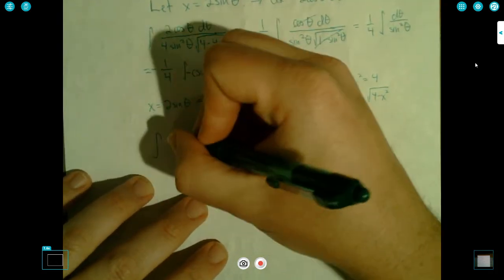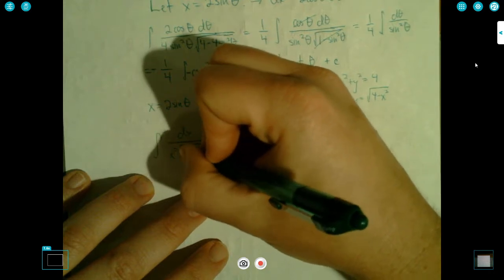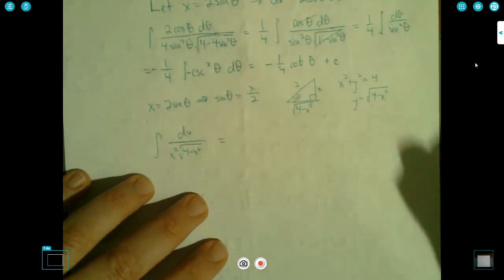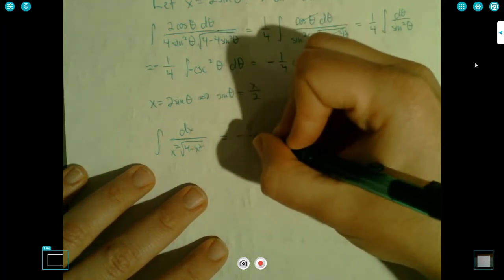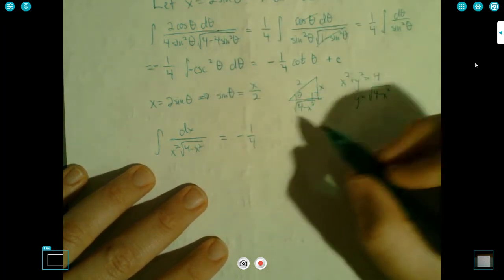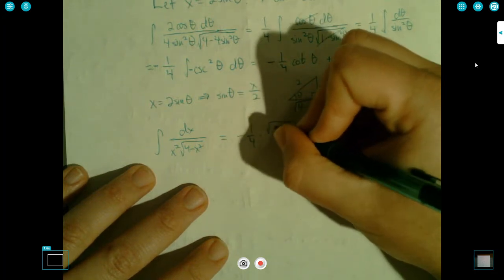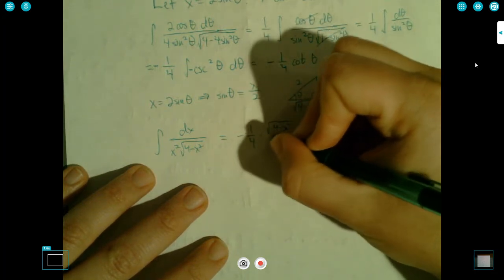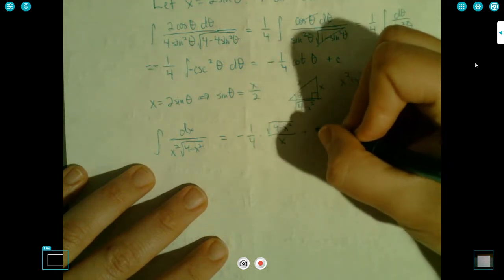Okay, so my integral dx over x squared times the square root of 4 minus x squared is negative 1/4 cotangent theta. So that would be times root 4 minus x squared over x plus c.